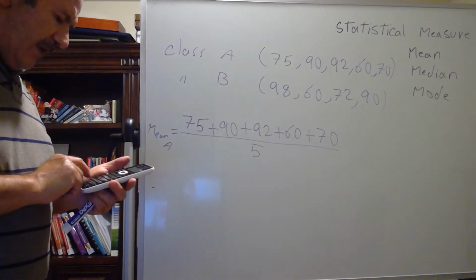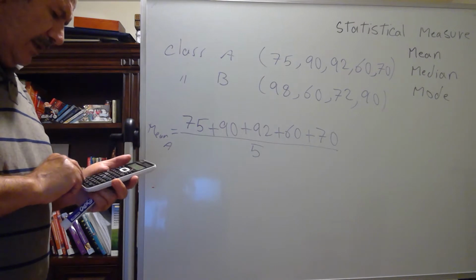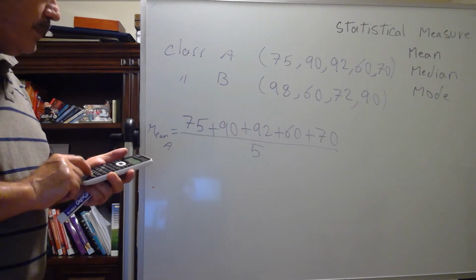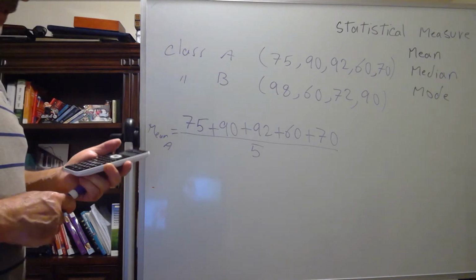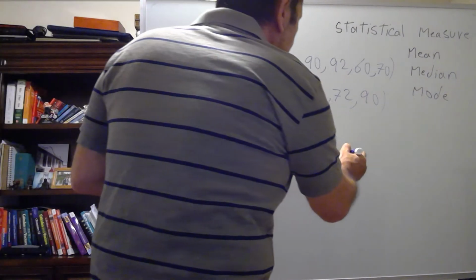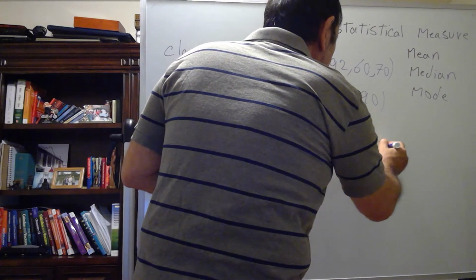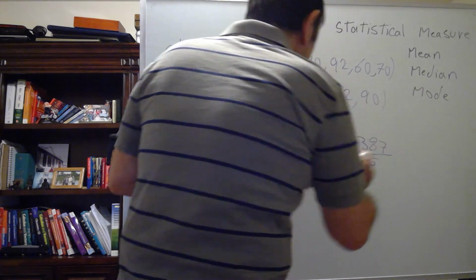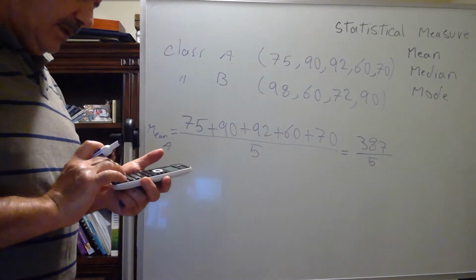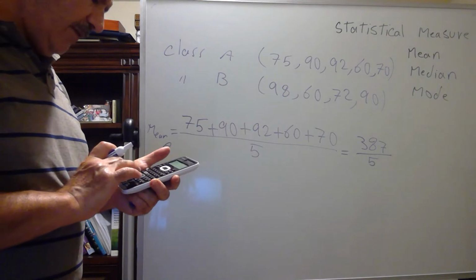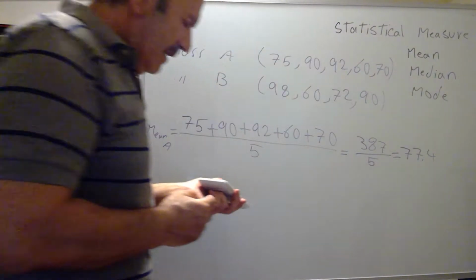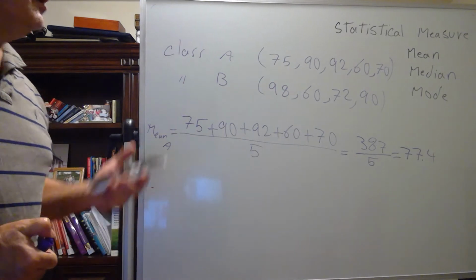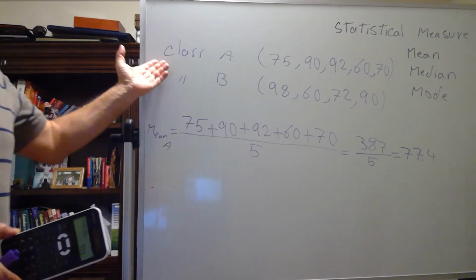The sum is 387, divided by 5, which is 77.4. 77.4 is the mean mark or average mark of class A.